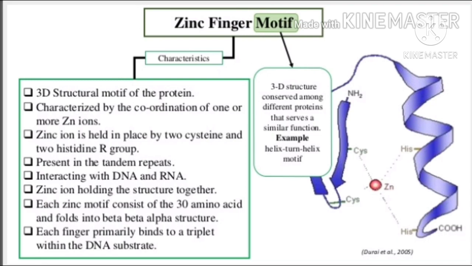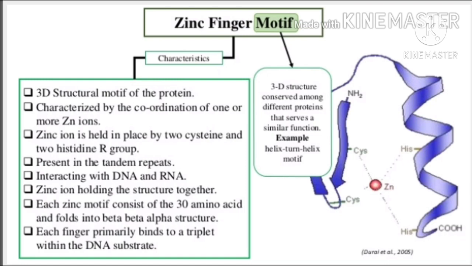And they are present in tandem repeats. What do you mean by tandem repeats? When certain sequences are repeated in a chain-like manner, it is known as tandem repeats.